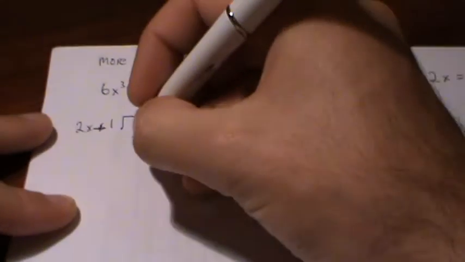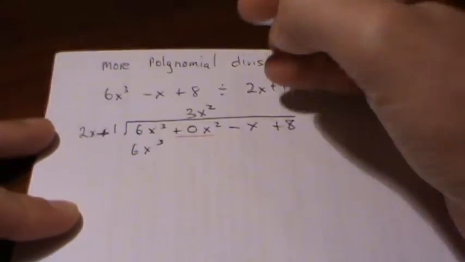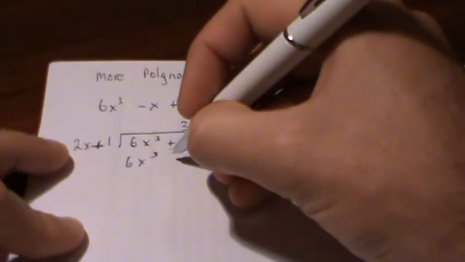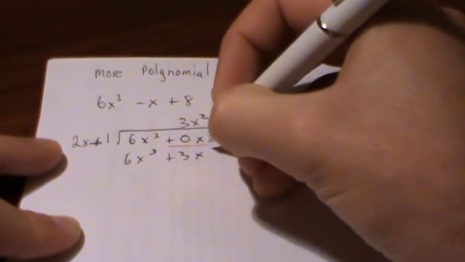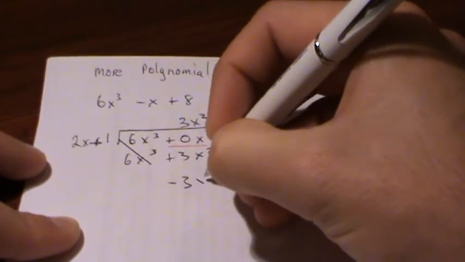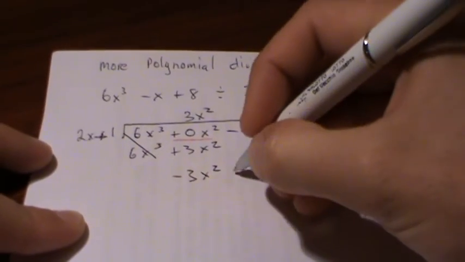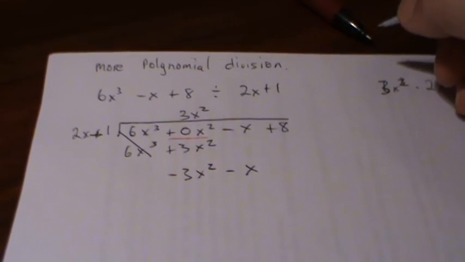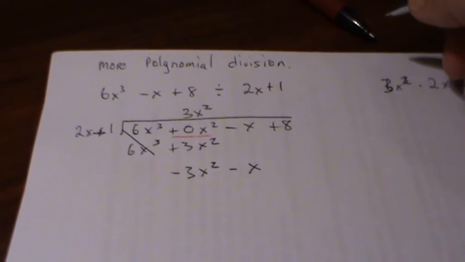Okay. So I'll write 6x to the third, then I'll multiply it by the positive 1 as well, plus 3x squared. Subtracting, I get minus 3x squared, and I drop the x term. Okay.